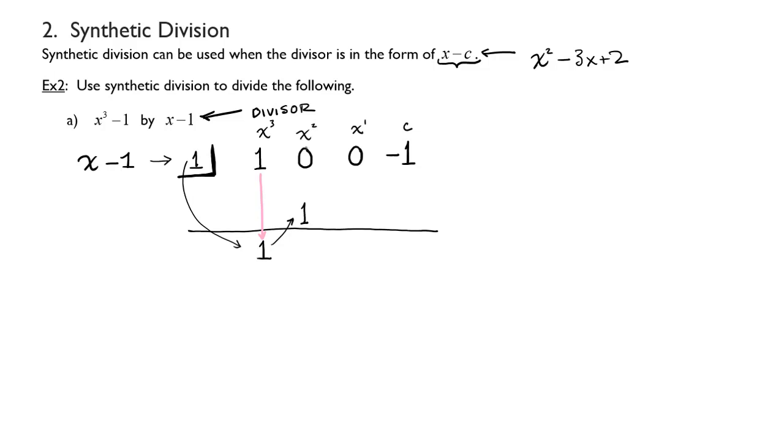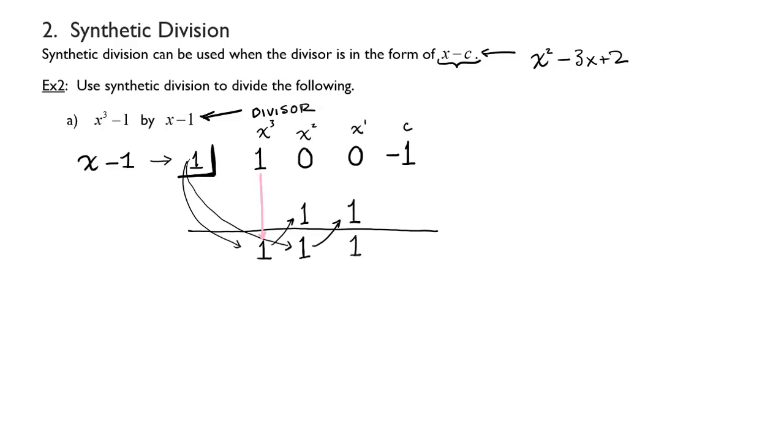Then I add 0 plus 1, and I drop it down. Then I multiply 1 to the next coefficient that I just dropped down. This gives me 1 again, and I put it below the next term to the right. I add 0 plus 1, and I put it below the line.